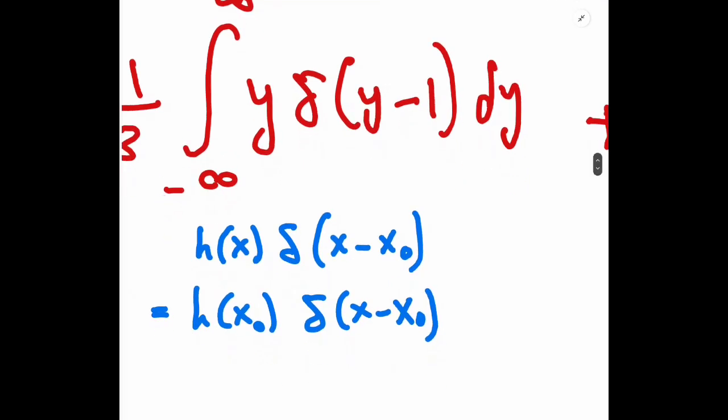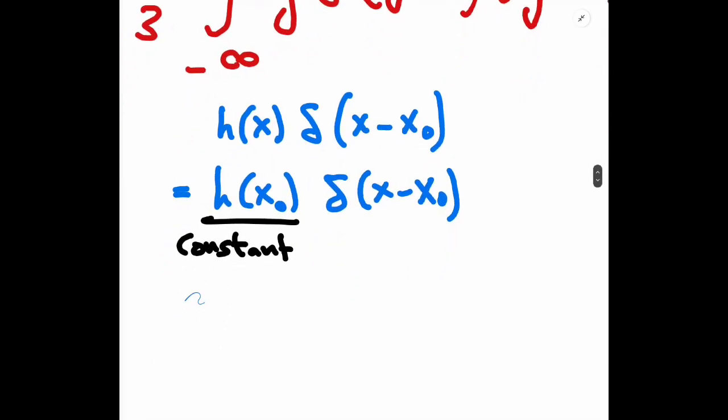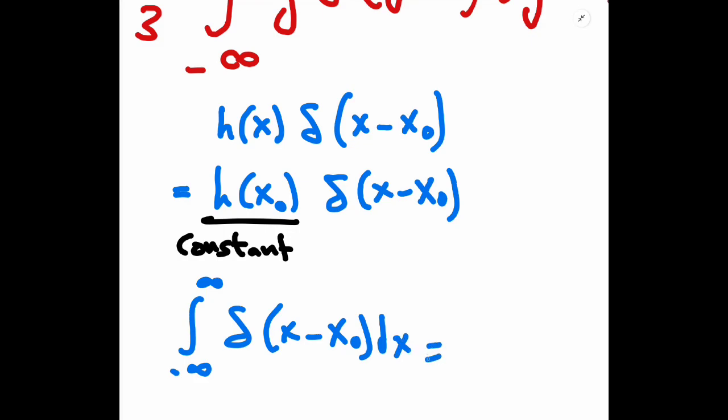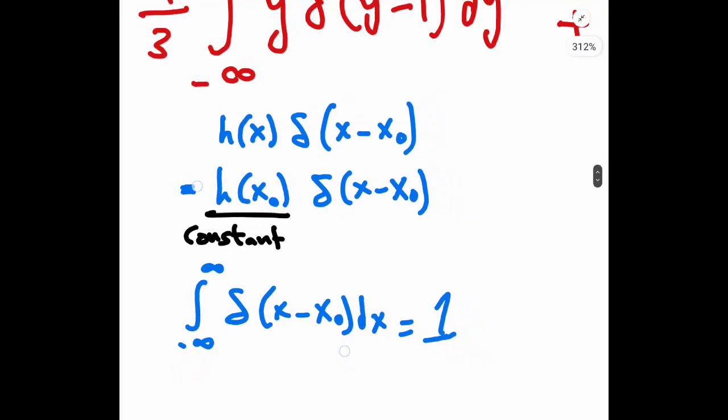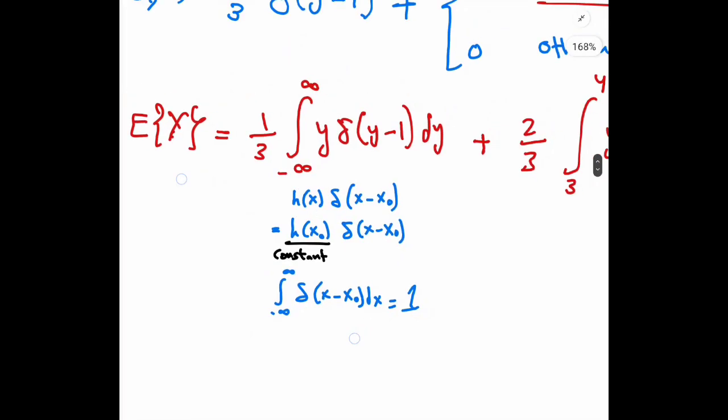So in this case, this becomes a constant. Also, remember that the integral from minus infinity to infinity of delta x minus x naught dx is equal to 1, which is the area under the delta function. That's how it's defined.